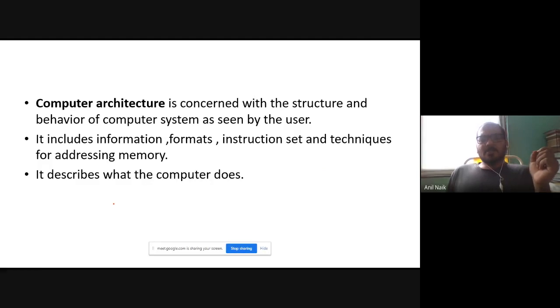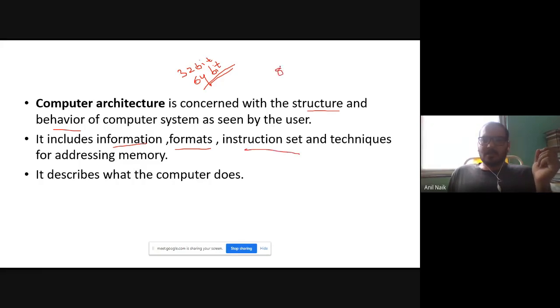Computer architecture is concerned with the structure and behavior of the computer system as seen by the user. It includes the information format, like when we say a 32-bit machine or a 64-bit machine. It specifies the instruction format and instruction set.